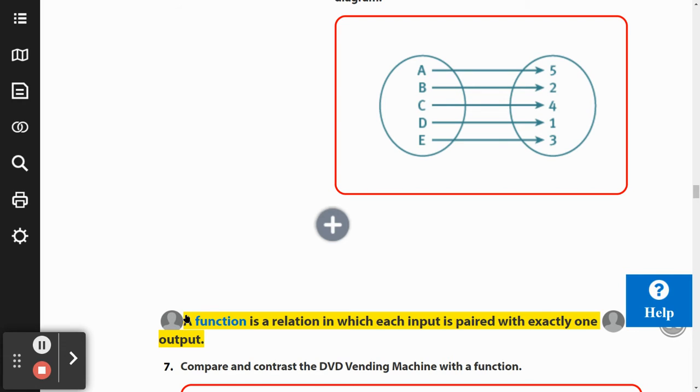He said that not every input has an output, so he says no. What does the definition say again? A relation in which each input is paired with exactly one output.